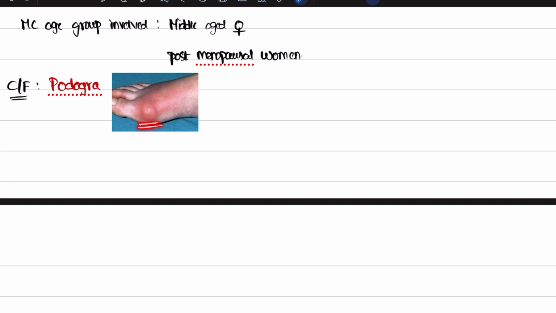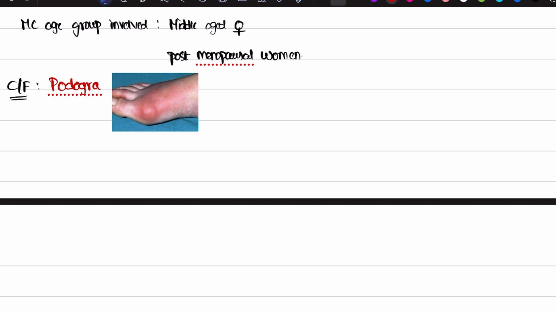Here there was podagra because there was accumulation of monosodium urate crystals in this area, causing cardinal signs of inflammation. This results in pain, limited movements, swelling and increase in temperature. If you touch that area the patient complains of pain, and you can even feel the warmness at that area. So this is called podagra.